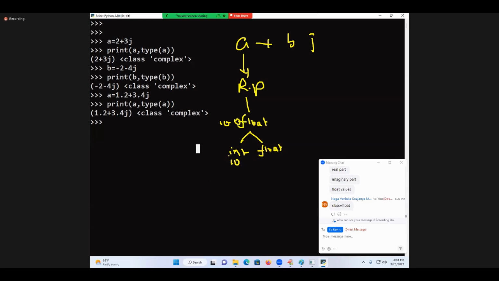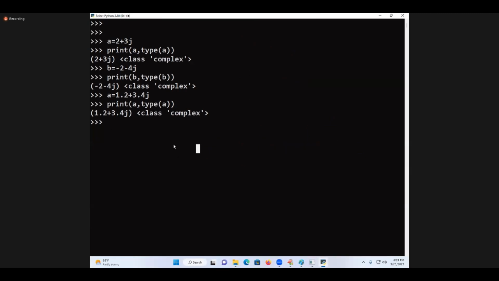Because every int value is a subset of float. And this is called the imaginary part, also taken as float. That also can be either int or float. See, students, 3 is called the imaginary part. What is its value now? Float. Are you able to follow now? So I'm going to take up the next one now.